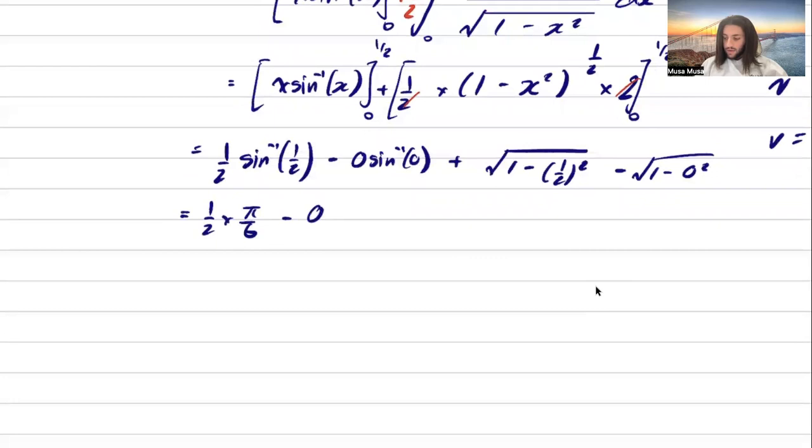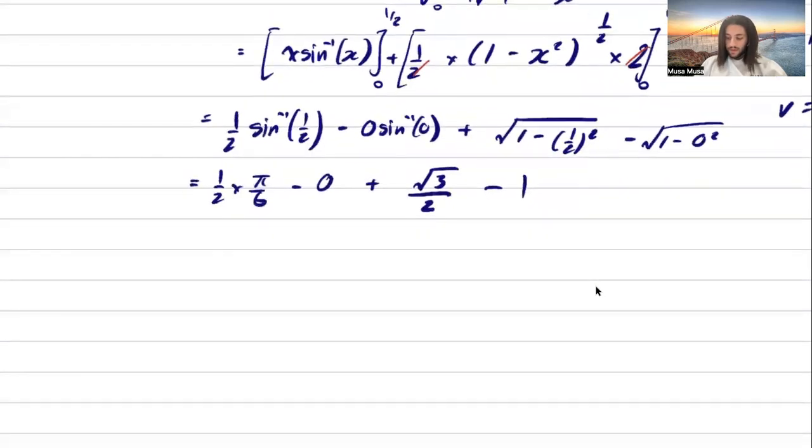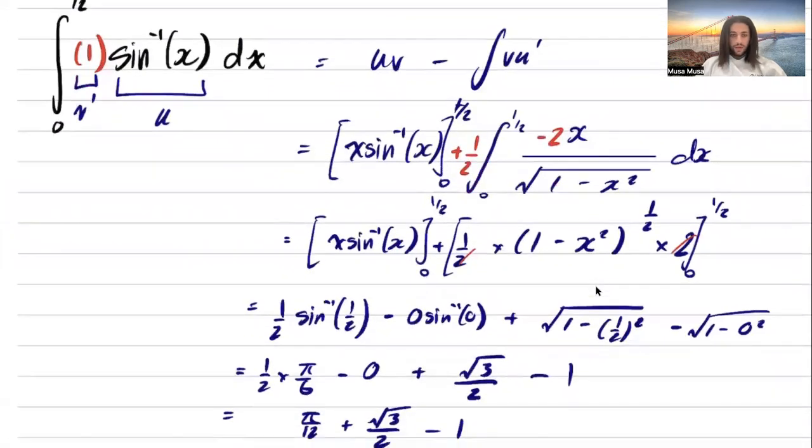And then you have here 1 minus a quarter, which is 3 over 4. So then it becomes plus the square root of 3 over 2, and minus 1. And there we are, pi on 12 plus root 3 over 2 minus 1. Okay, perfect.